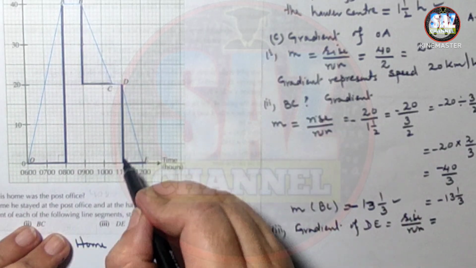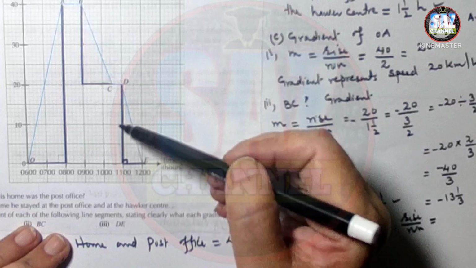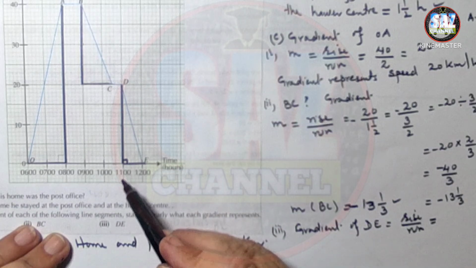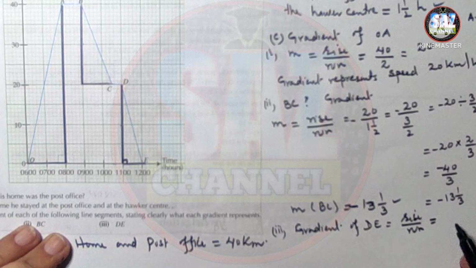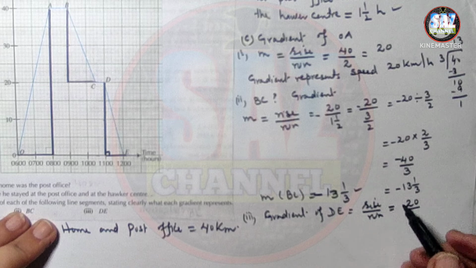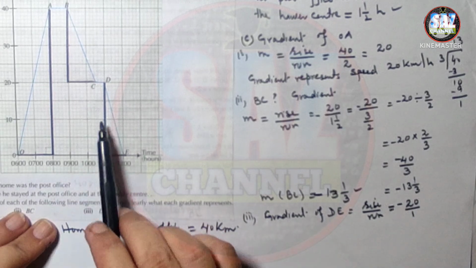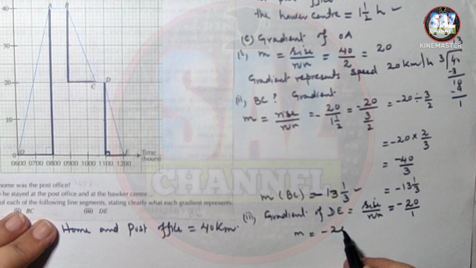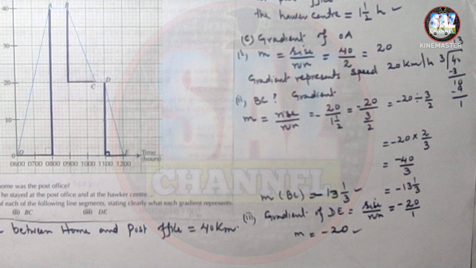This is 10 and this is 20, so 20, and on the run side only 1 hour. So 20 upon 1, and the gradient will be negative because the line is having a falling trend, so the gradient will be minus 20. And these gradients all represent the speed of the cyclist for this journey time graph.